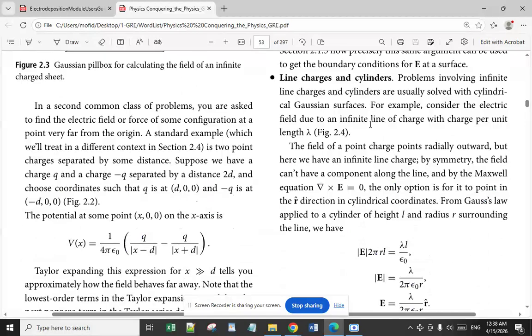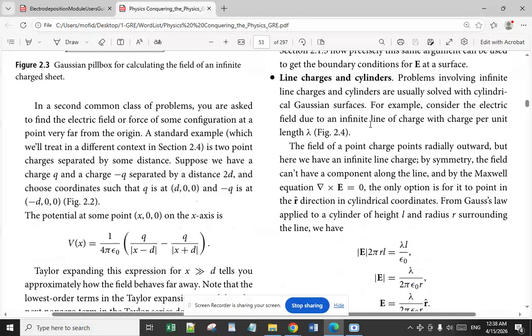The field of a point charge points radially outward, but here we have an infinite line charge. By symmetry, the field cannot have a component along the line, and by the Maxwell equation, divergence of E equals 0, the only option is for it to point in the radial direction in cylindrical coordinates.